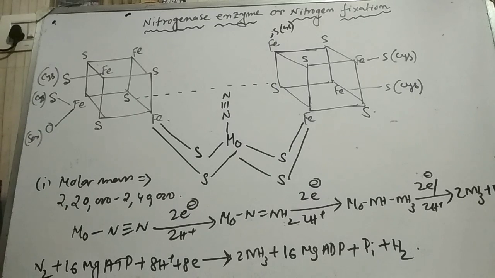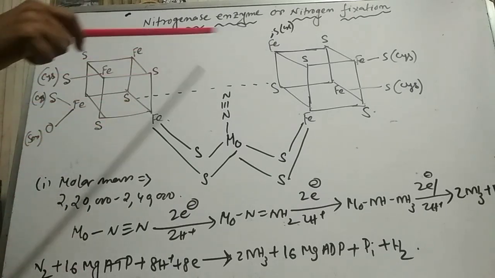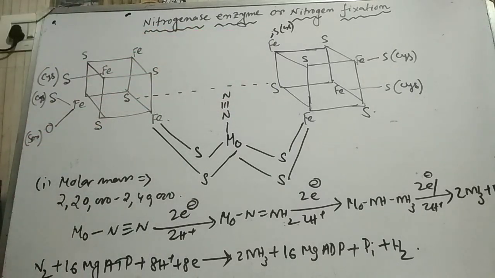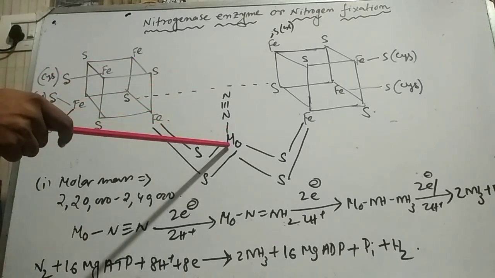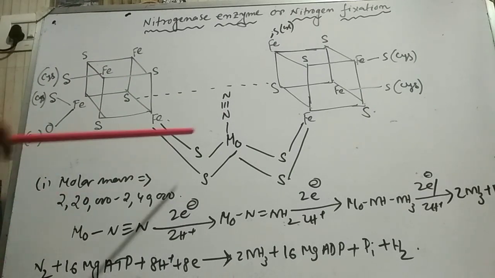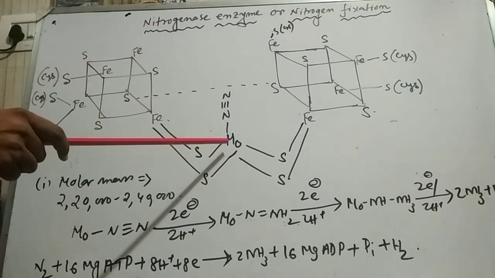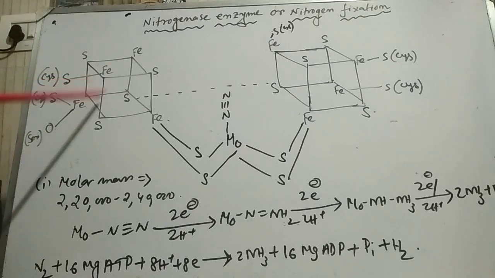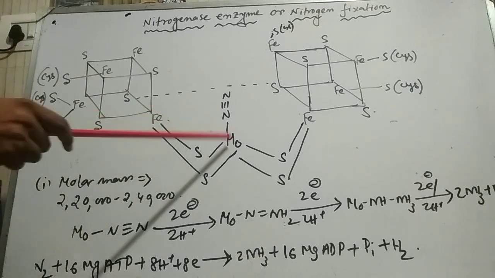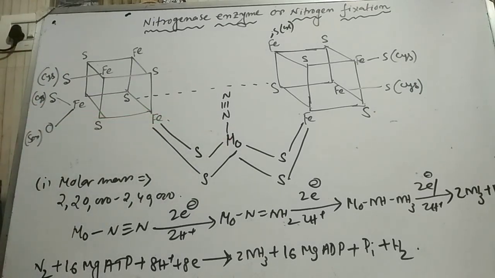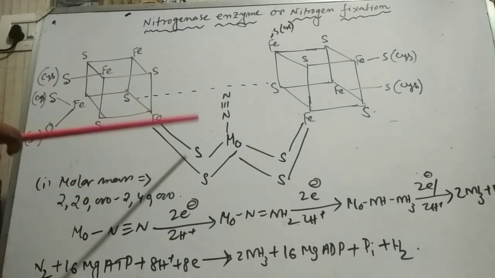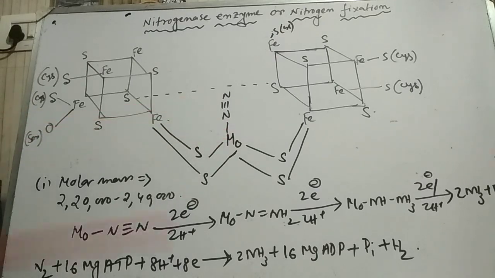The most important structure of the molybdenum iron protein is shown. Here we have seen that in the MoFe protein, the molybdenum atom is linked to two Fe4S4 units by two sulfide groups and Mo-Fe bonds. It is believed that the reduction of the nitrogen molecule occurs at the molybdenum site.